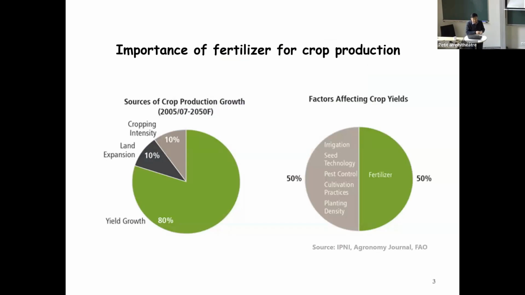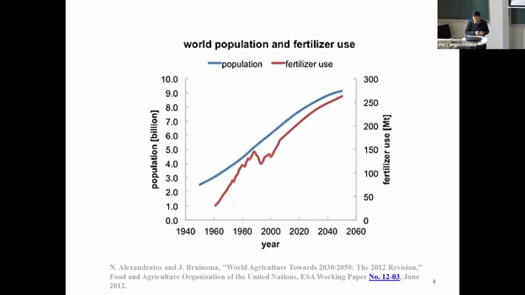But this is not very sustainable. Take fertilizer as an example, it contributes heavily to the yield increase. About 50% of the yield increase in this half of the century should be attributable to fertilizer increase. If we look at this chart, this number is quite dramatic.